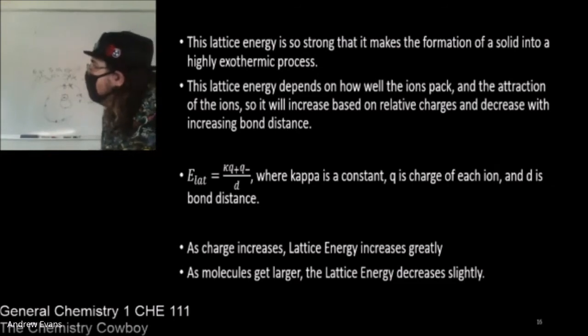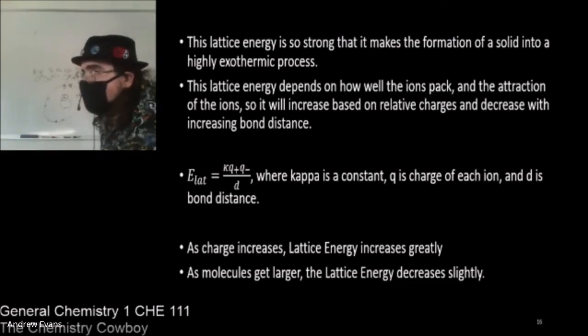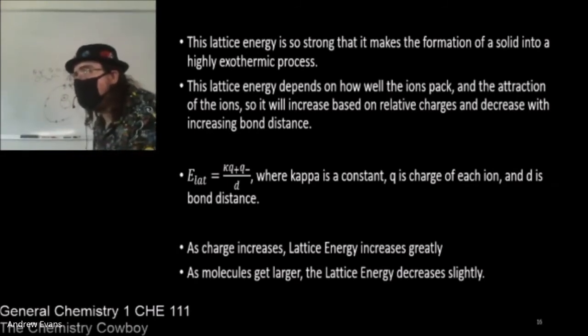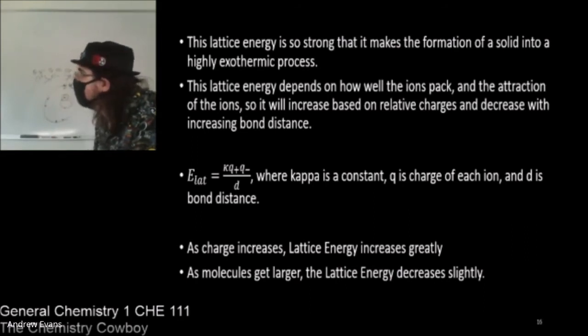The lattice energy is so strong that it makes the formation of the solid a highly exothermic process, meaning it produces a lot of heat. You mix these together, it's going to produce a lot of heat, sometimes going to cause some explosions. So now this will depend on how well the ions pack and how well the attraction is.